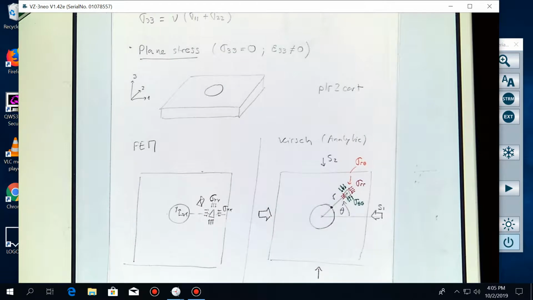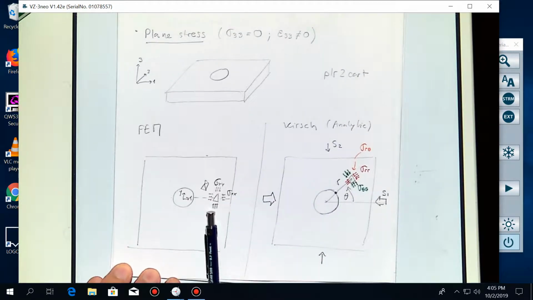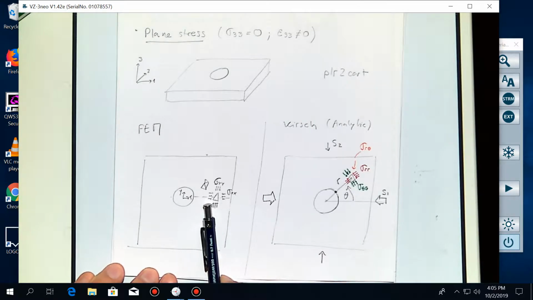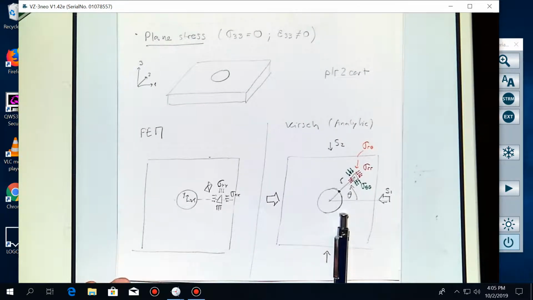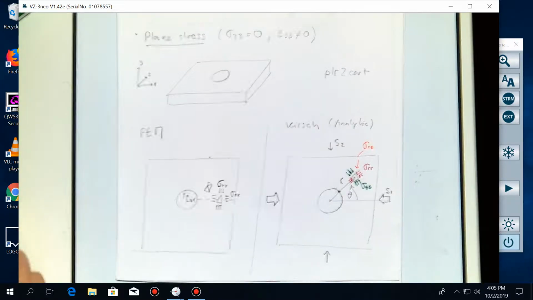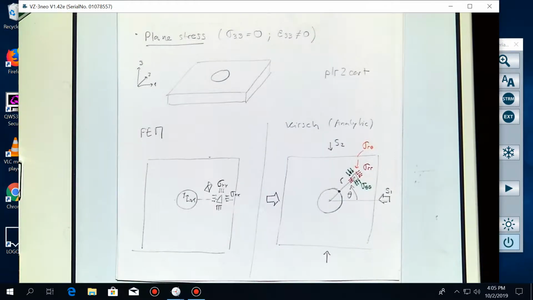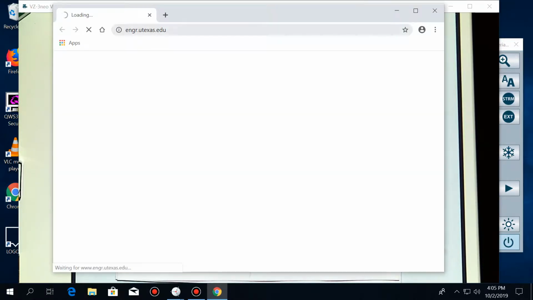Okay, you have been working in solving stresses around a cavity with the finite element method and with the Kirsch equations. Why do we want to do that? Because that applies directly to wellbore stability.